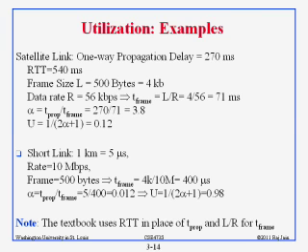Suppose you have a 500 byte frame, then the T frame is 4 kilobits divided by 10 megabits. So anytime we give you bytes, in the networking world we don't use bytes, we always use bits. All the rates in the networking world are in bits. So when we say 56, it is bits. When we say 56 megabits, it is bits.